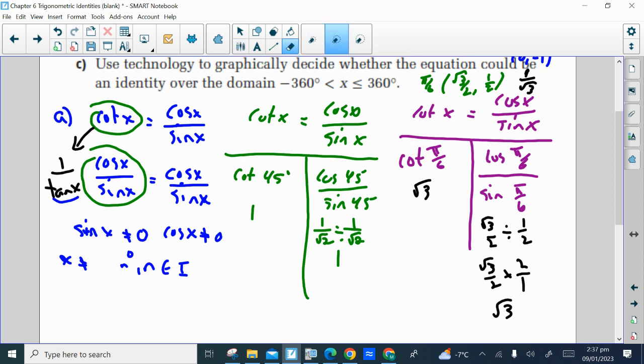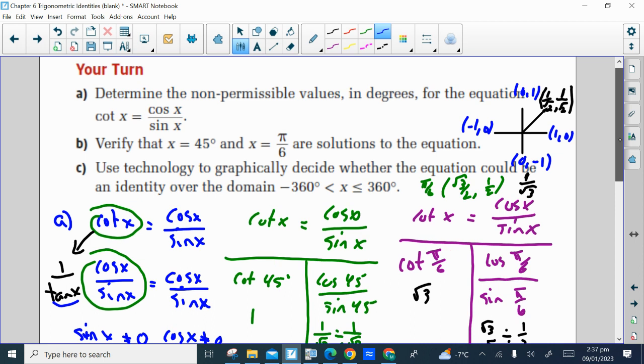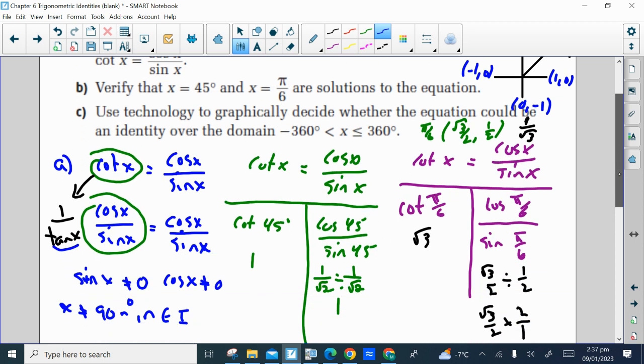We verified it using the graphing calculator, saw that there was a problem, and then went back to see where it comes from. Originally we wrote cotan as cos over sine, but we also could have written it as 1 over tan. So tan's a denominator, which you can write as sine over cos, so both sine and cos are in a denominator position. So the graphing calculator can help us make sure we have the correct non-permissive values.